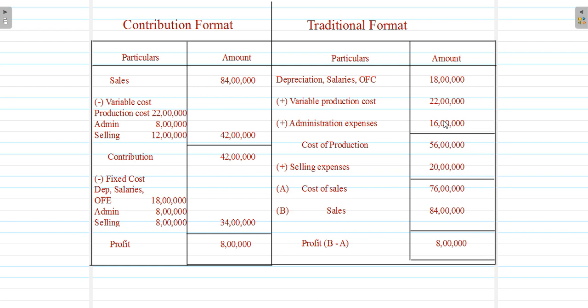Cost of producing the product, all the costs involving the production of the product will be added together, plus the selling expenses will give you the cost of sales. So sales minus cost of sales will give you the profit.